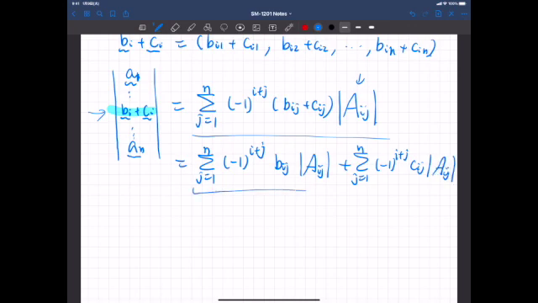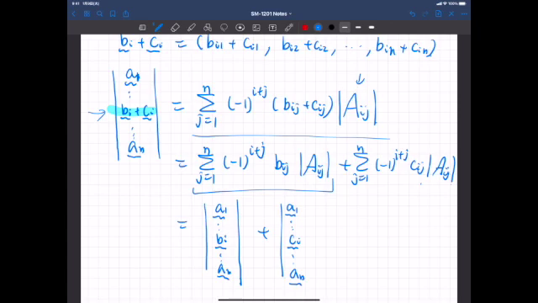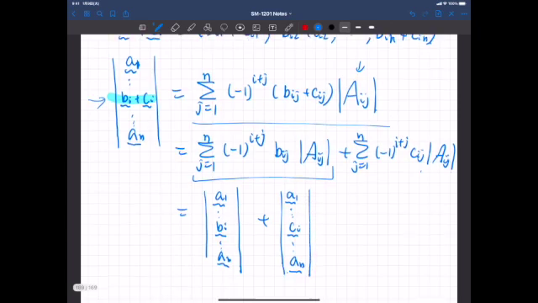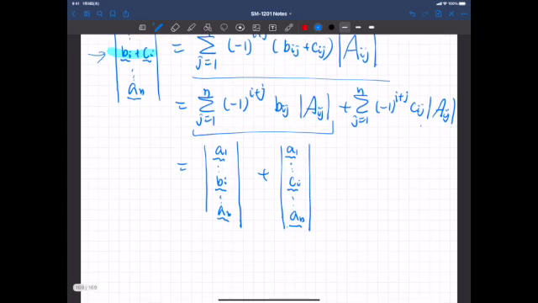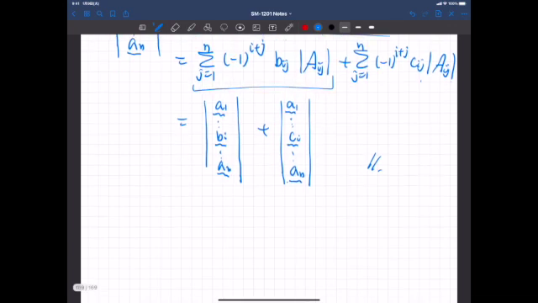But this is the definition of the determinant of a matrix of this form: a_1, b_i, a_n. And the same for the second term: a_1, c_i, and a_n. So that's it.